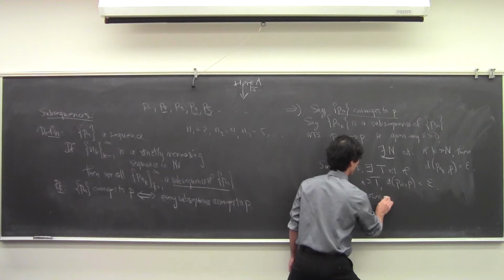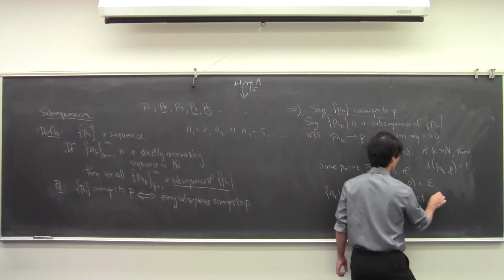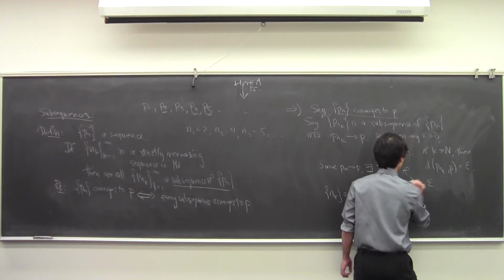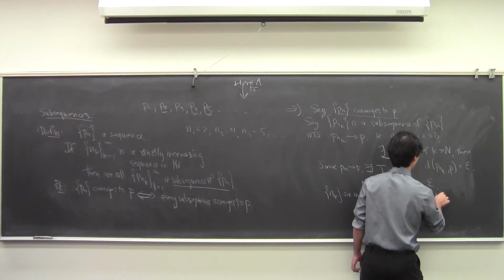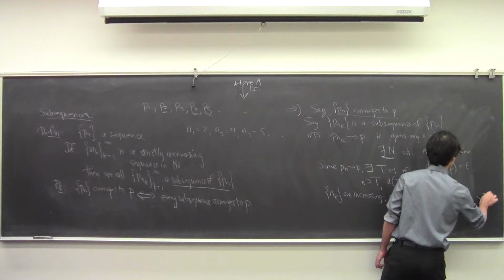So choose k such that, I'm sorry, choose n such that k bigger than n implies that n sub k is bigger than t.